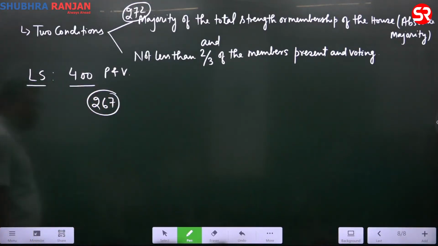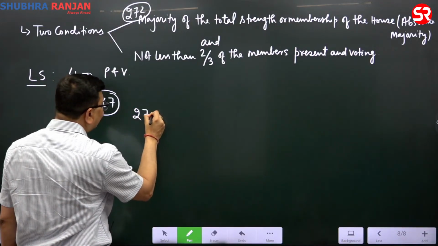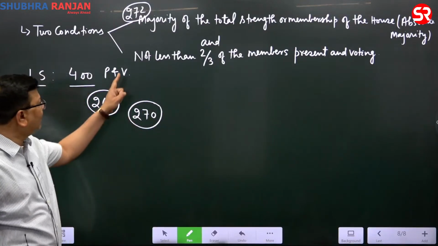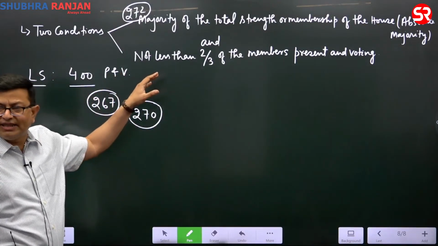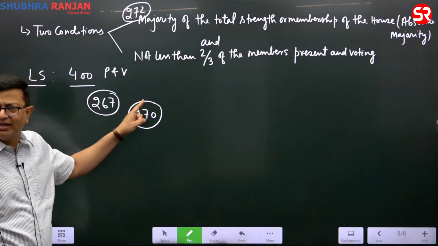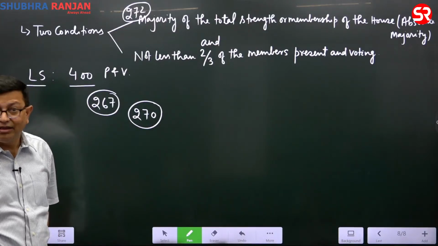Now, suppose 270 members vote in favor of the bill which requires this majority. Then will the bill be passed or not? No, it will not be passed. Why?